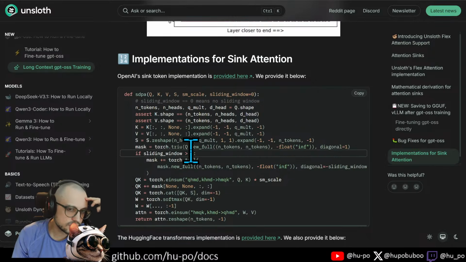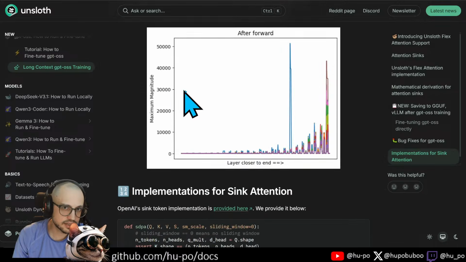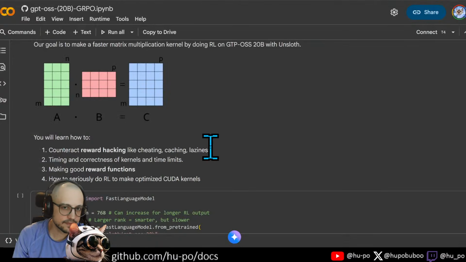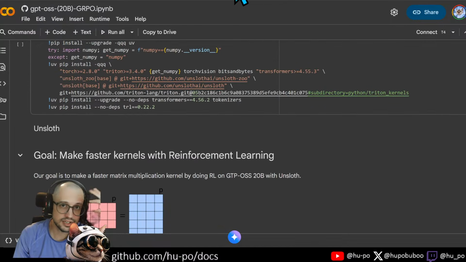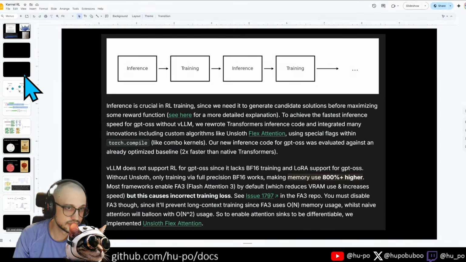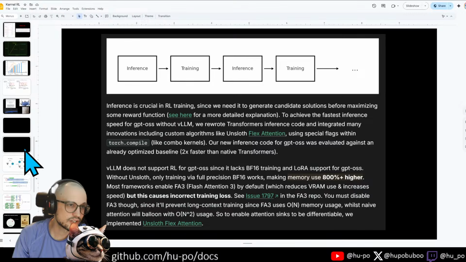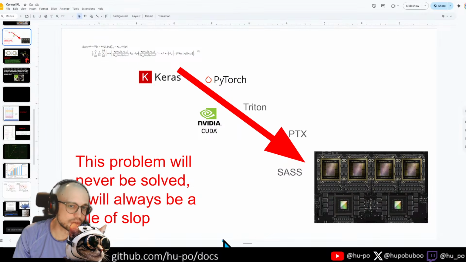But maybe that's a good point, Julien, to talk about how this stuff is very ephemeral. You know what I'm saying? Think about all the effort that Unsloth went into creating this. As soon as you have the next version of this model, GPT OSS 2, maybe it's going to use a different little trick, which means you're going to have to write a different kernel. So this is what I mean by it's always going to be slop.